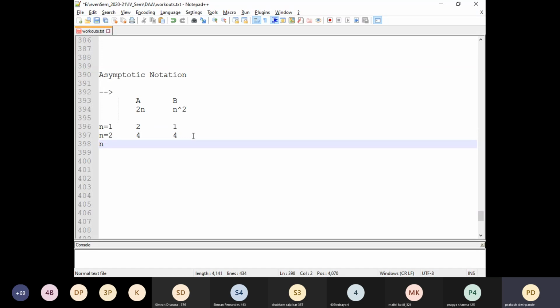But when n becomes 3, can you tell me what will be the time complexity of A and B respectively? 6 and 9. This is 6, this is 9.